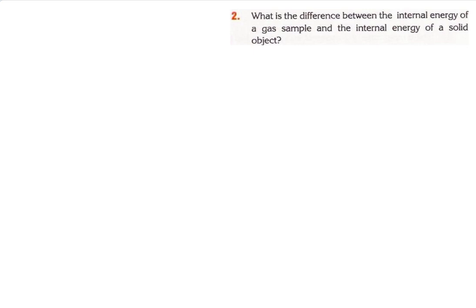First question 2. What is the difference between the internal energy of the gas sample and the internal energy of a solid object? So let me write it here. Here we are talking about ideal gas. And also we have a solid object.